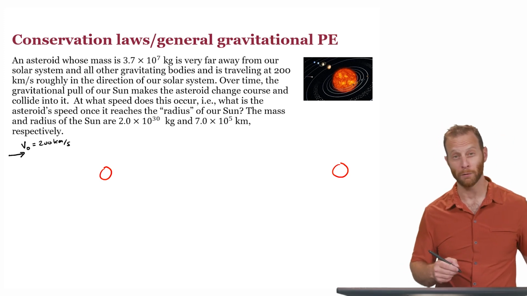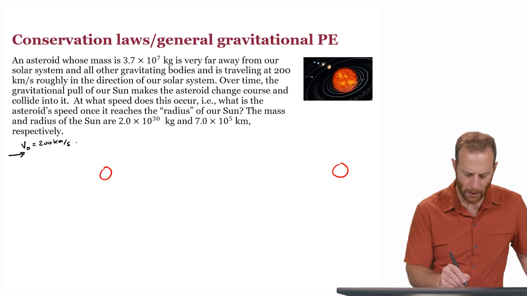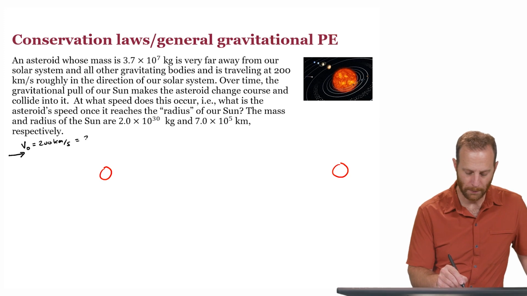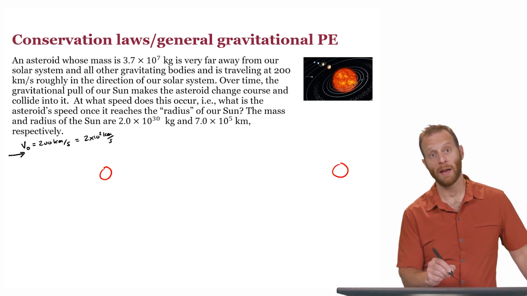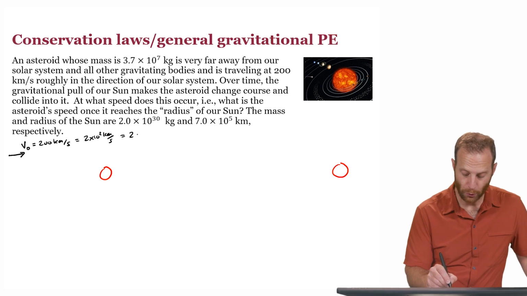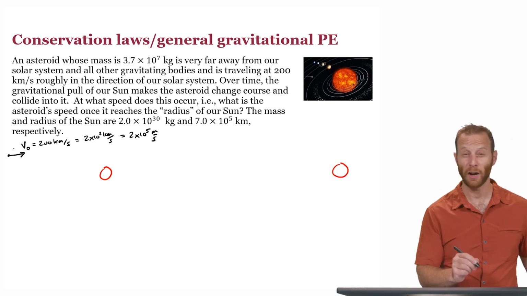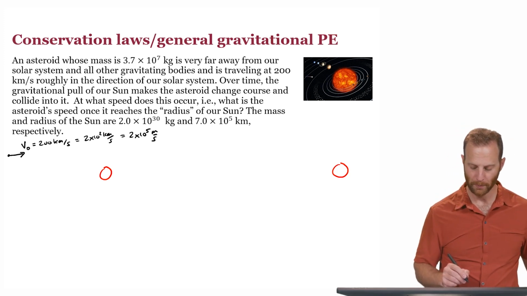Maybe I should convert that to meters per second. That's 2 times 10 to the 2 kilometers per second, and I'll multiply that by a factor of 1,000. So 2 times 10 to the 5 meters per second.